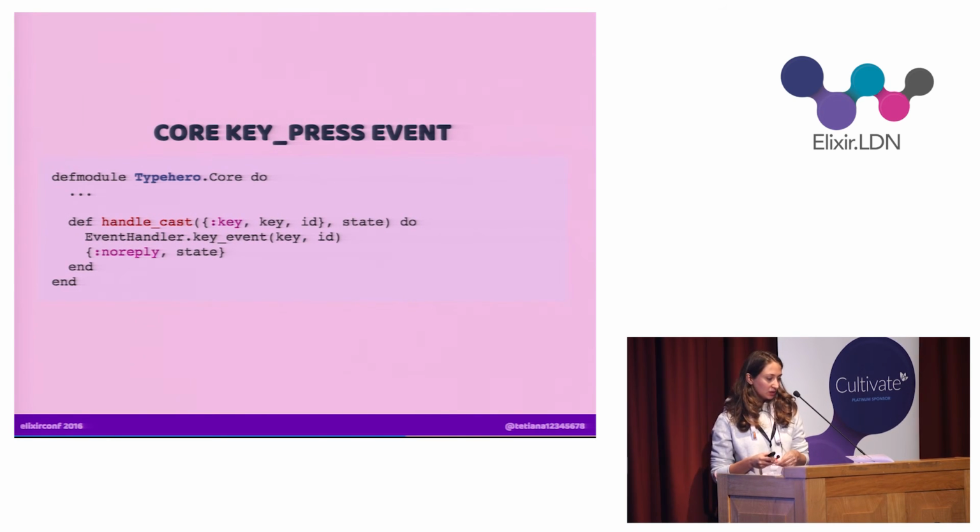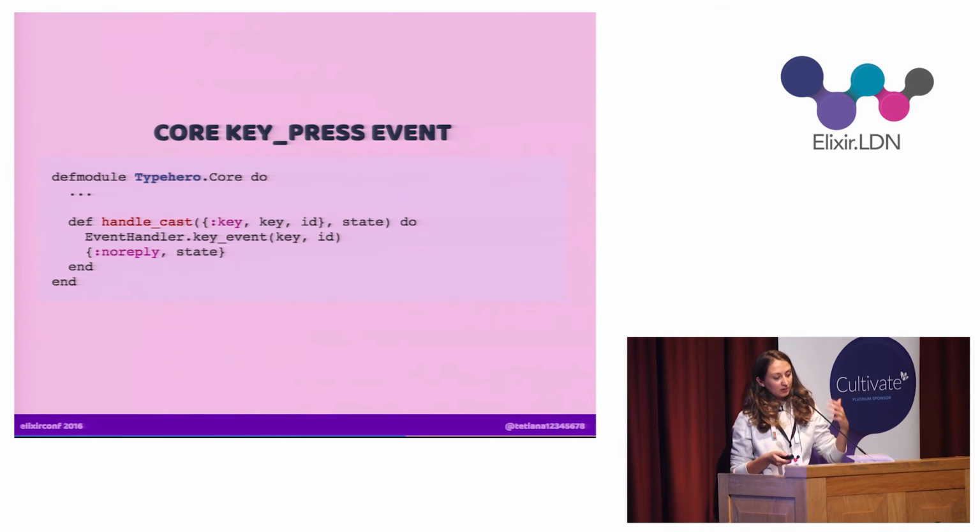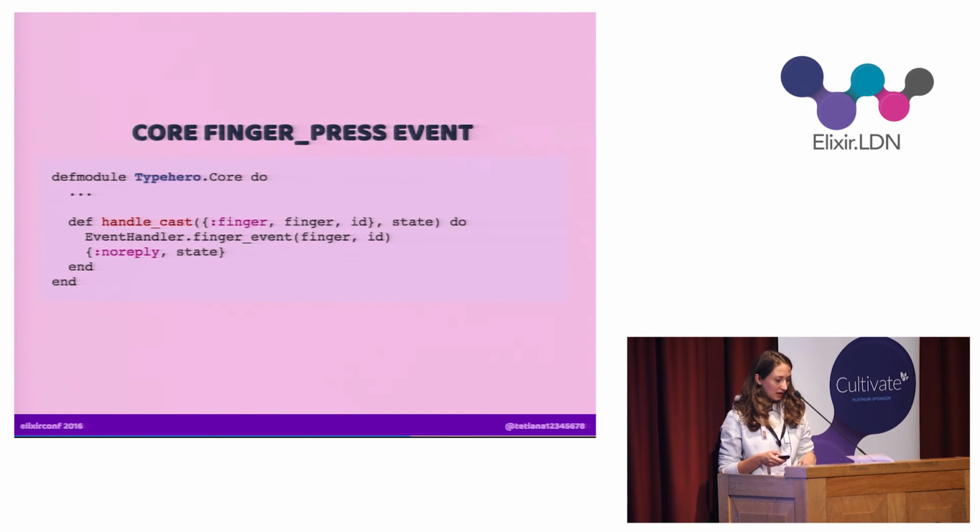Okay, so there are a few functions which help to do that. I don't have here the actual custom call function because it's something we could skip, but what happens here is that once we get our key event, we pass it to the handler, and when we have our finger event, we also pass it to the handler.